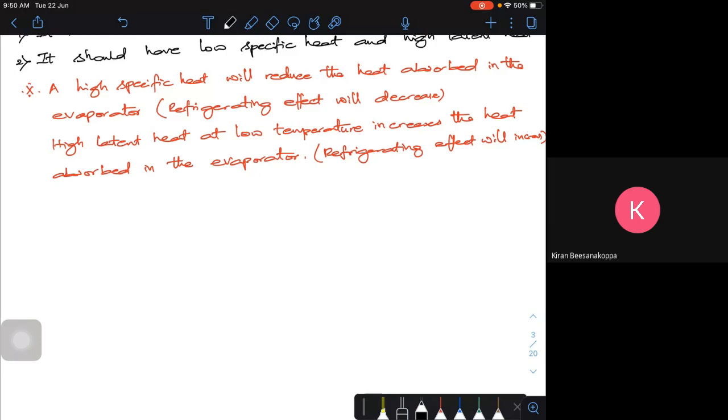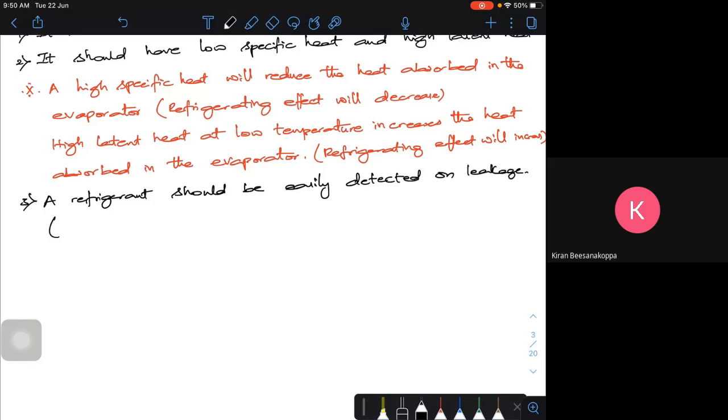The leakage should be easily detected. So a refrigerant should be easily detected on leakage, either at low pressure in the evaporator or at high pressure in the condenser.